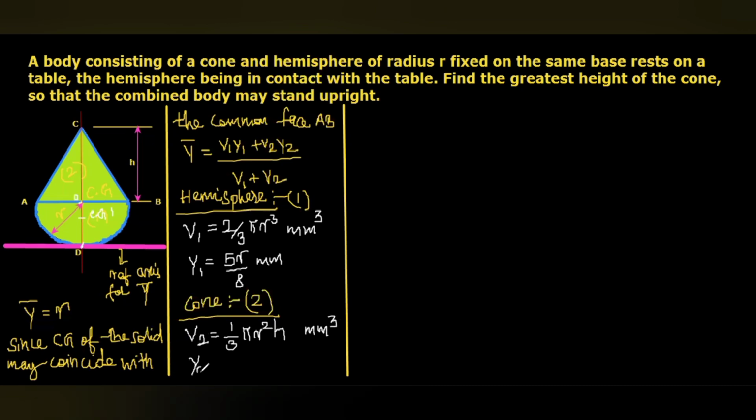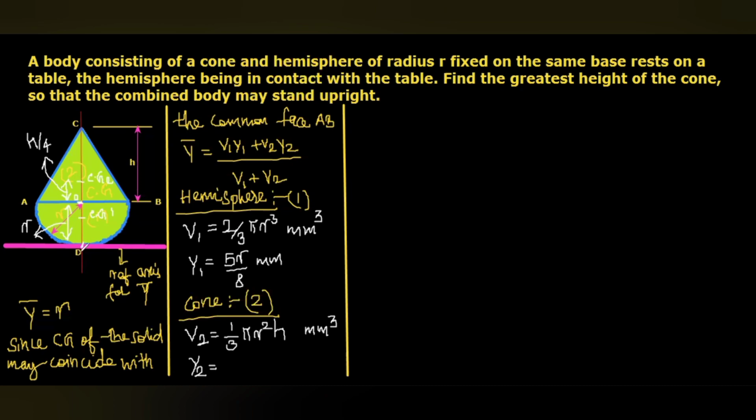And y2. Here you can see this is the base or face of the right circular cone. From that point, the CG, this will be CG2. The CG of the right circular cone will be at a distance of h by 4 from the base, from this point O. We know that this distance is equal to the radius of the hemisphere, or the face or base of the right circular cone.